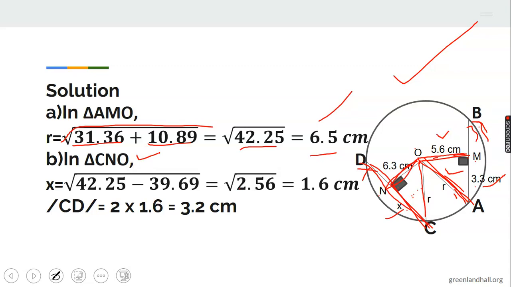So the radius square, that is 42.25, minus the square of this length from the center, and the square of that will be 39.69. The difference will be 2.56. And the square root of that is 1.6 centimeters. Now multiplying this by 2 will give us 3.2 centimeters. So that's the length of the chord.